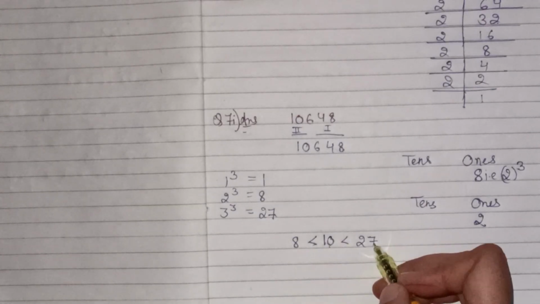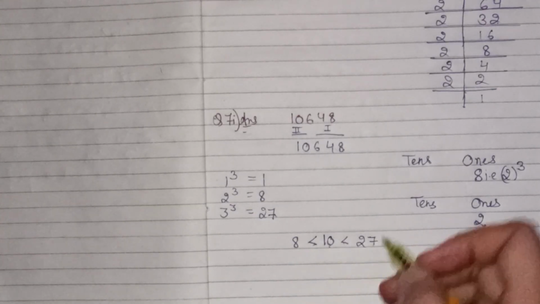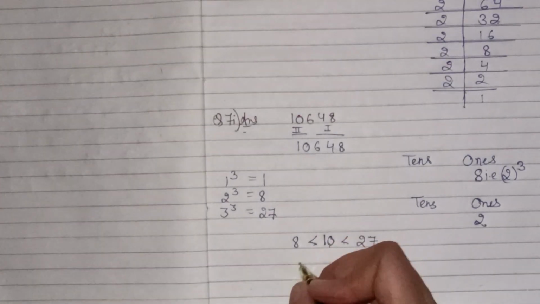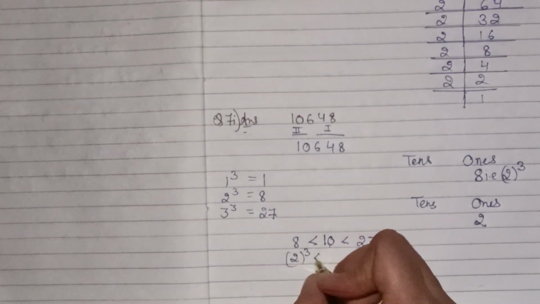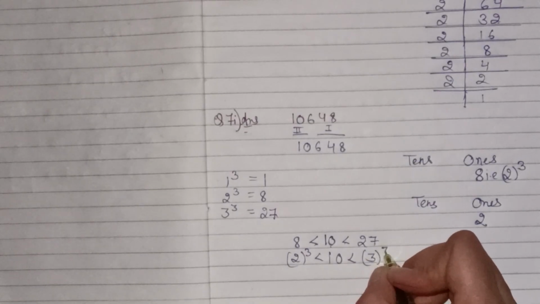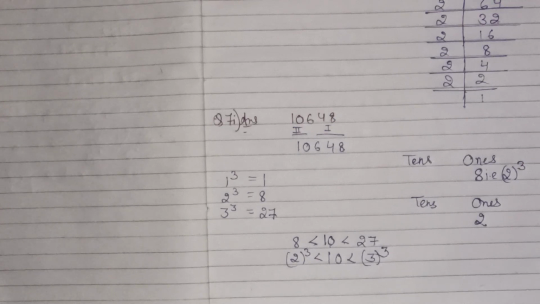I can also write 8 as 2 cube, so 2 cube is less than 10, which is less than 3 cube. Here 10 lies between 2 cube and 3 cube.